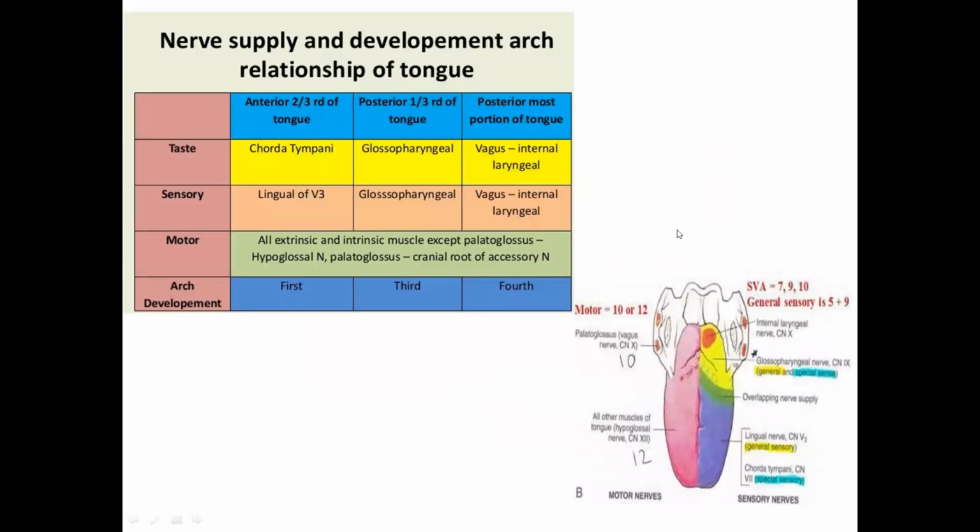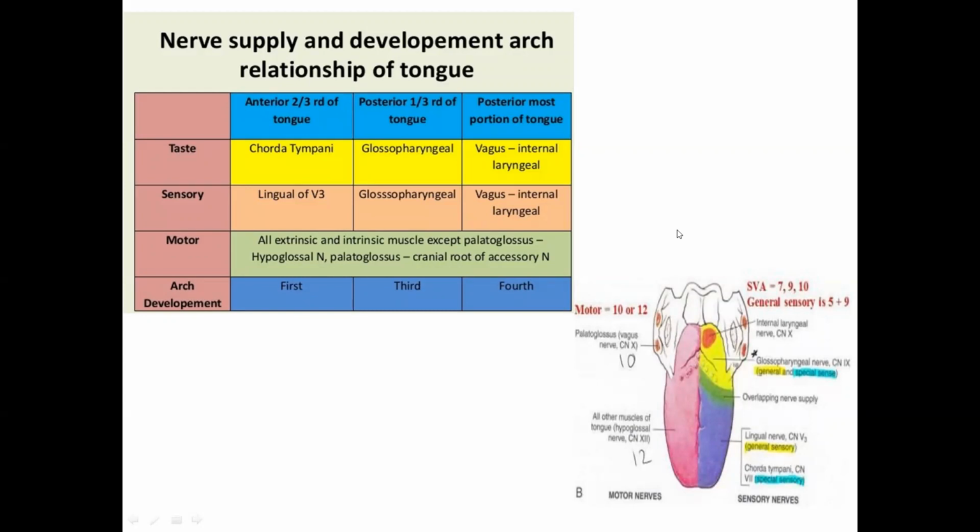It's very important to understand the motor supply of these muscles. All the muscles of the tongue, extrinsic as well as intrinsic, are supplied by different nerves. We will be talking about that here. There are some exceptions.